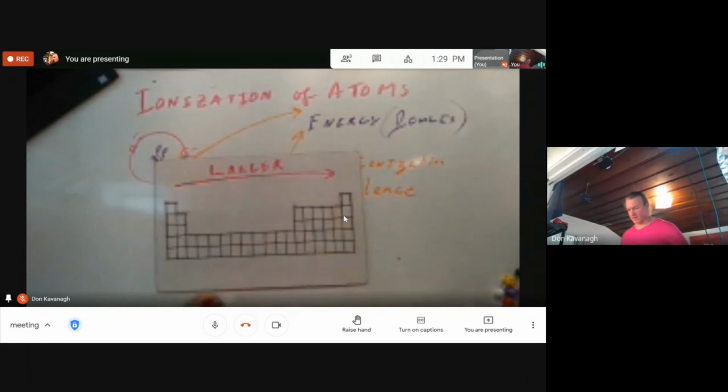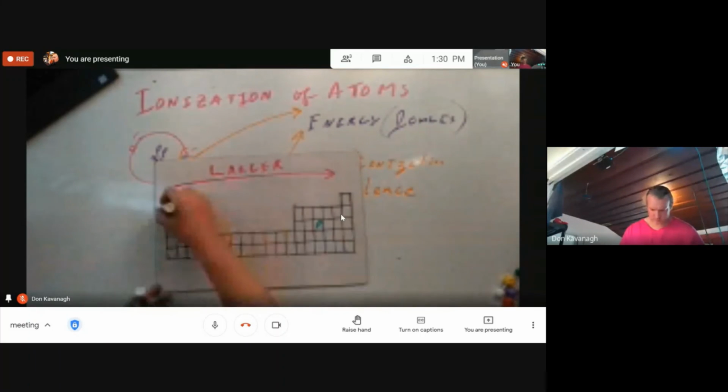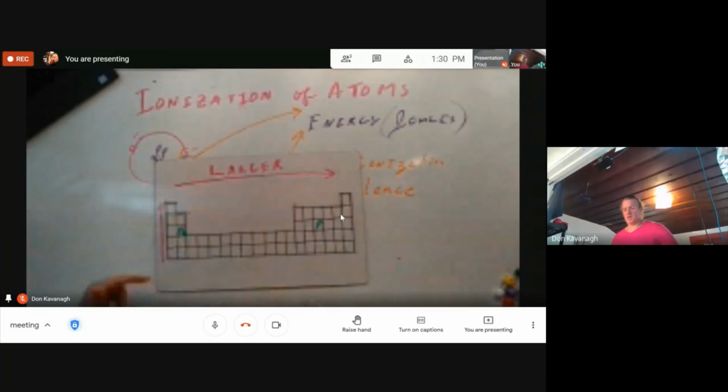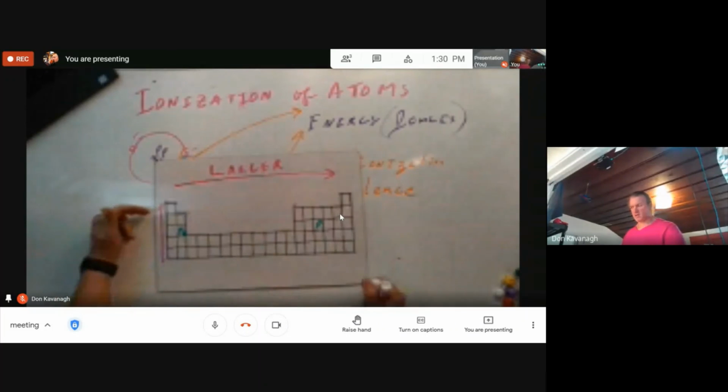So if we were comparing, say, elements, magnesium right here, and say aluminum, silicon, phosphorus right here, phosphorus would have a larger ionization energy, a larger first ionization energy. As we move up the periodic table, things have a larger ionization energy.